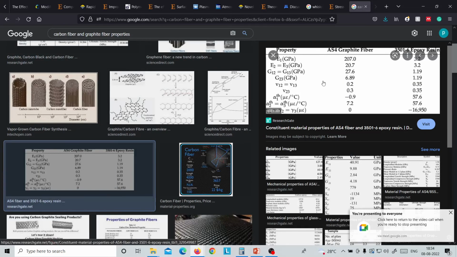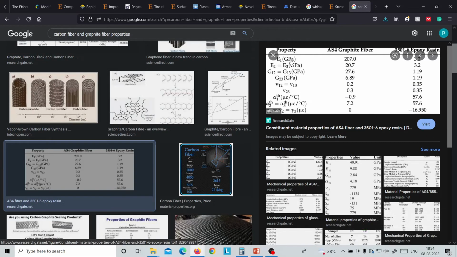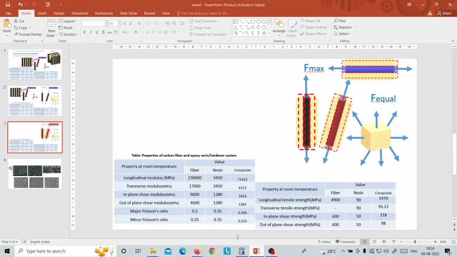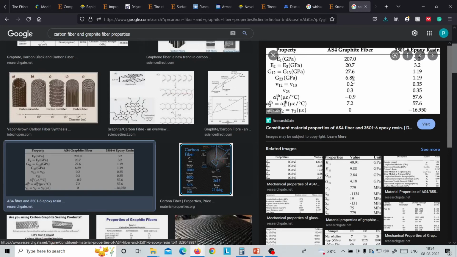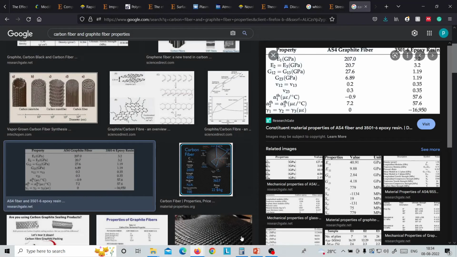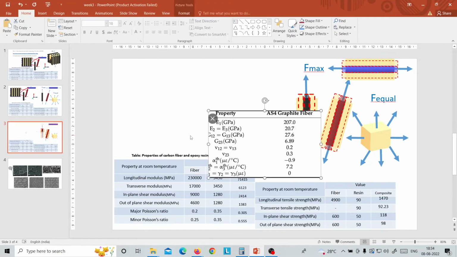For example, it's given here. This is graphite fiber and its E11 is 207 gigapascal. Now here in the presentation I've included the longitudinal modulus and all the other properties of carbon fiber. So we can take it from here and compare.